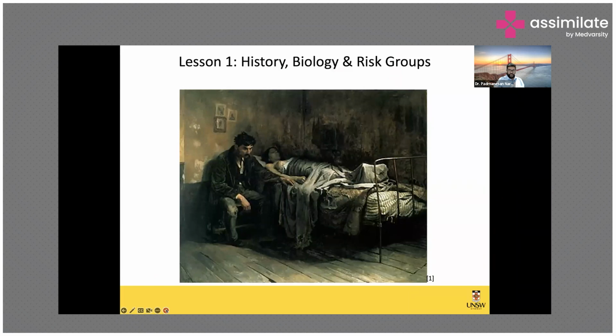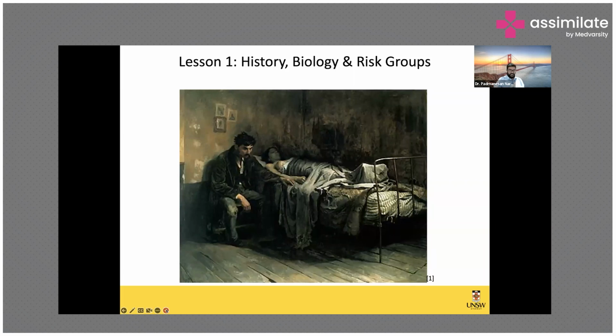This portrays a picture by a person who is sitting next to his sick wife, who has been affected by tuberculosis. It was drawn somewhere around the 1940s, 50s. What is more striking is that you can see the environmental conditions of these two characters in the picture.